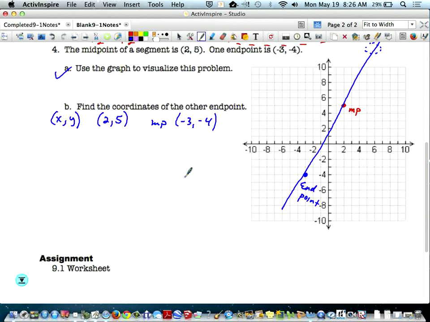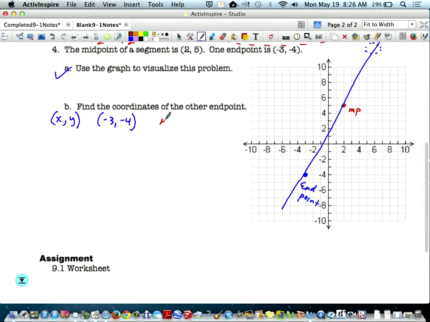So when you go to do the midpoint formula, you add the two endpoints together. Wait, the midpoint is 2 and 5. Did I just switch that around? Yeah, I'm sorry. All right, so -3, -4, thank you.